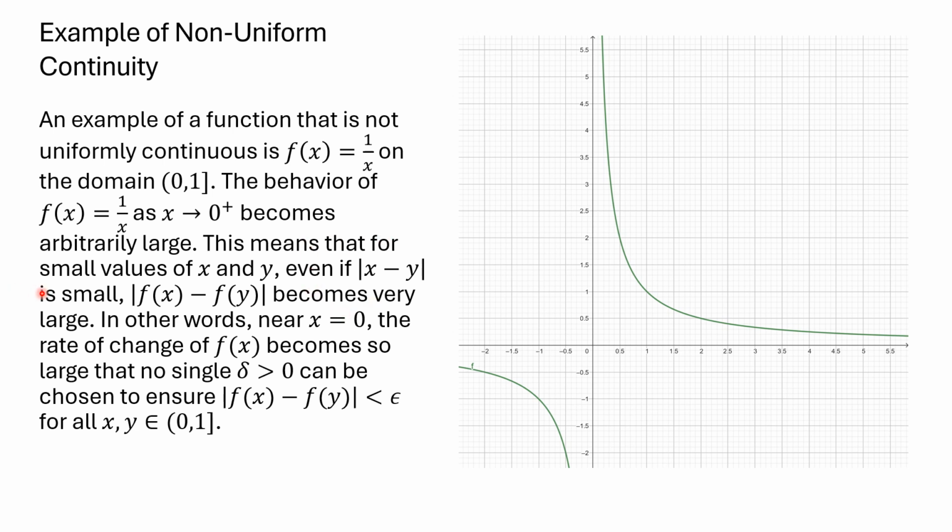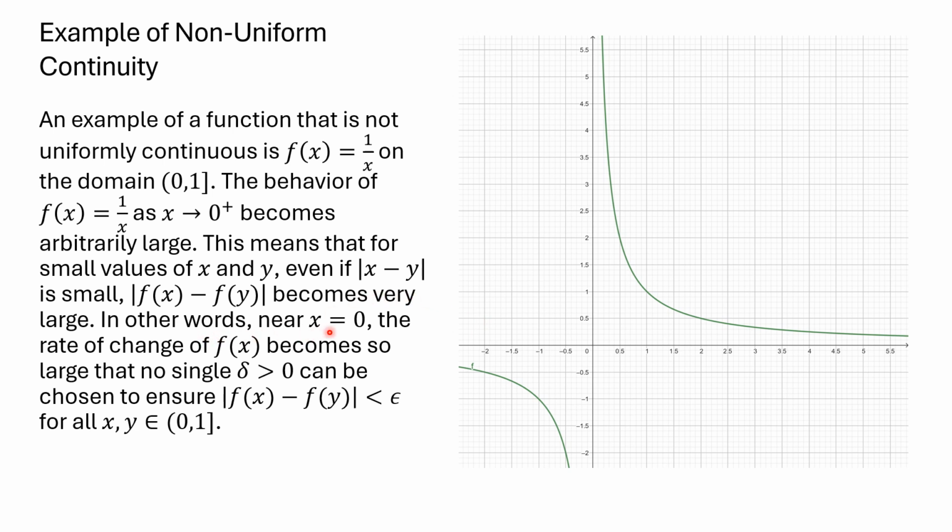So for small values of x and y, even if the difference between x and y is small, in other words, if you get very close to 0 and you take two values of x and y that are very close together, the difference between f of x and f of y starts to explode as you get closer and closer to 0.